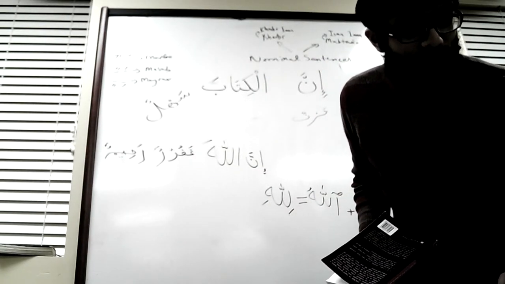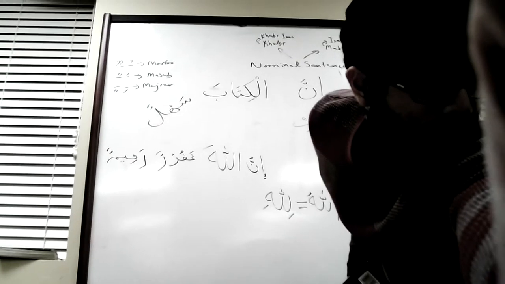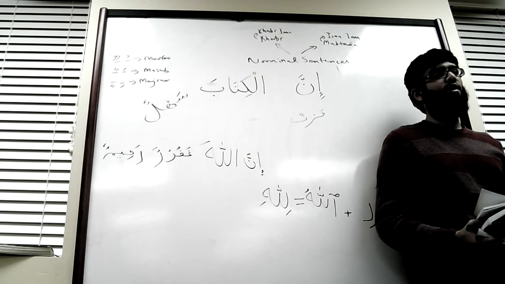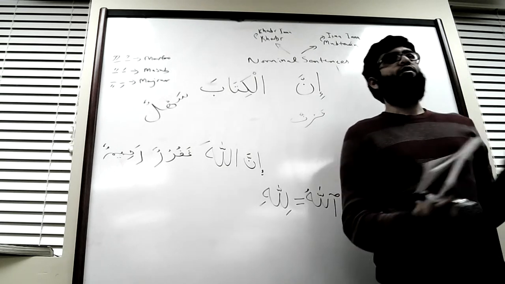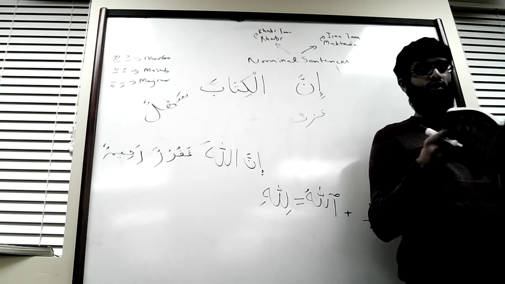In Arabic, it's called ممنوع من الصرف, mamnu' min as-sarf. So amina has one dhamma and it's mamnu' min as-sarf. But if you put an inna in front of amina, it will just change into one fatha.